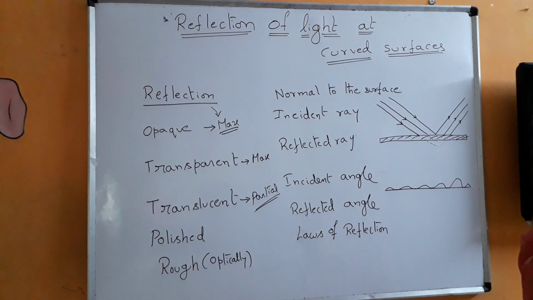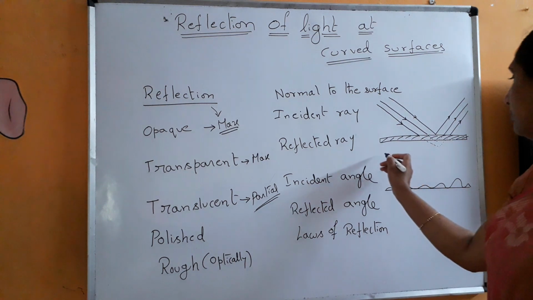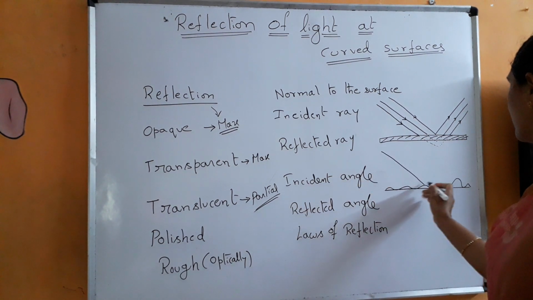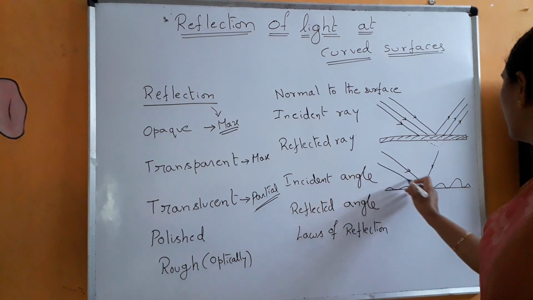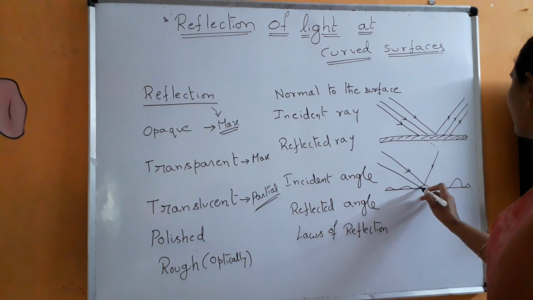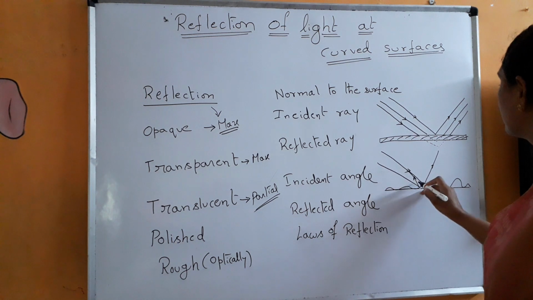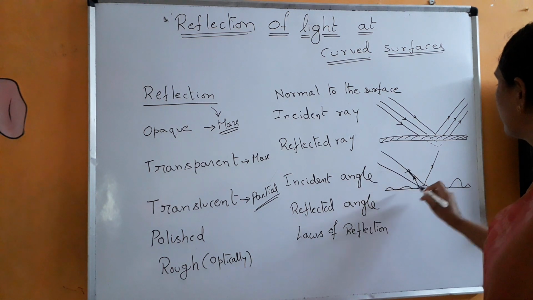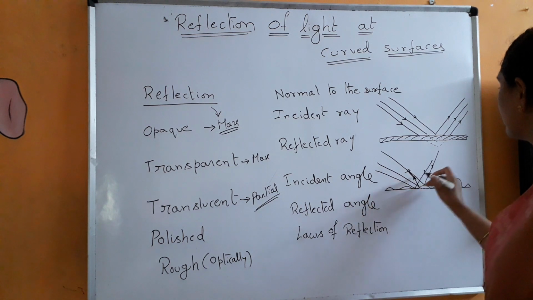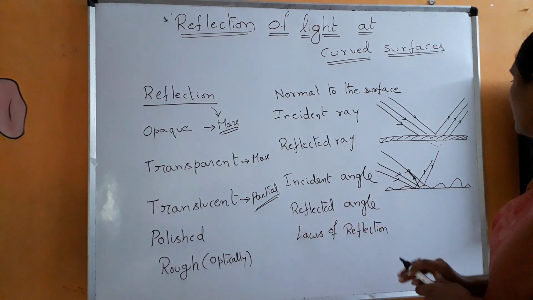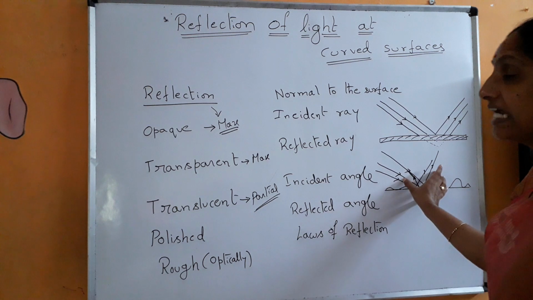So now when a beam of light ray falls on it, this reflects like this, and here this gets reflected like this, and the light ray which is falling at this point will get reflected like this. See? So the beam is getting scattered.